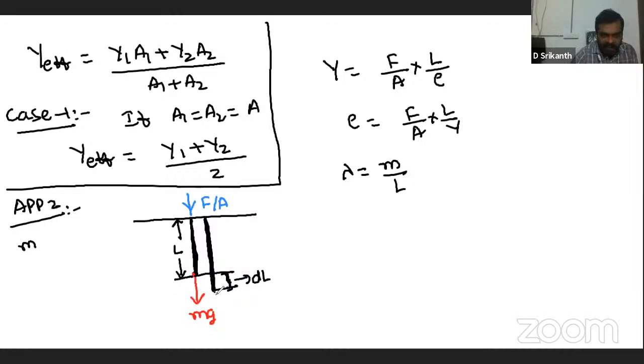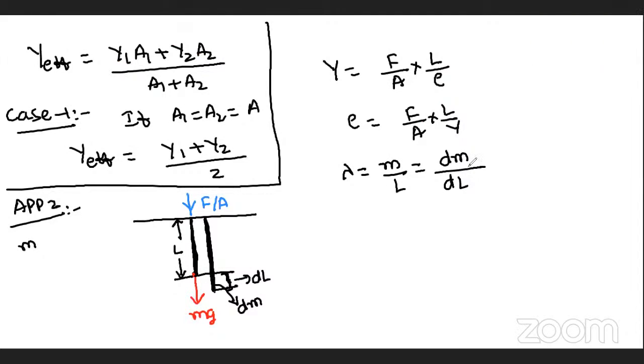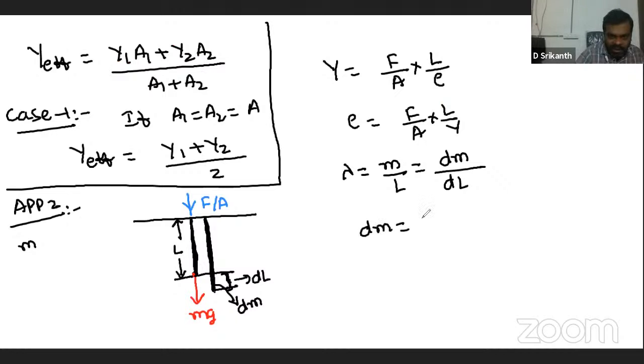For the small length, I consider the mass as dm. So dm by dl, can I write? We can write dm is equal to m by L into dl.